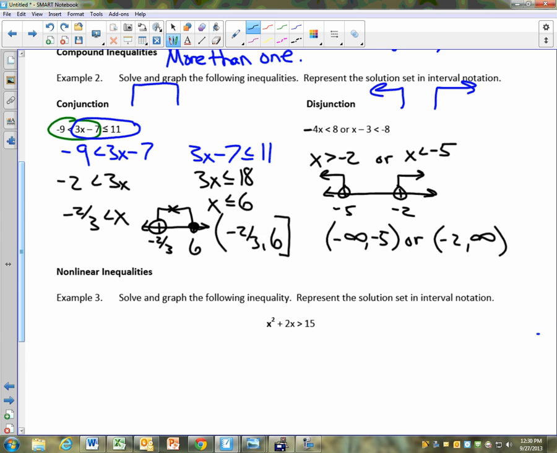Oh, good question. It should be or, because you can't live both in this region and this region, right? However, if you said and, I would understand exactly what you're doing. Well, no. Okay, I'll accept either, okay?